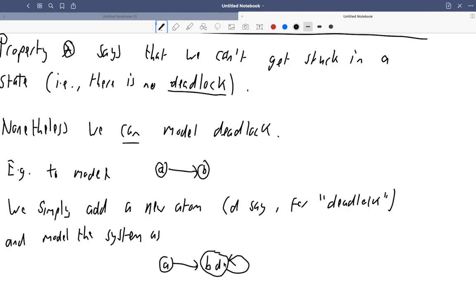So because this is a deadlock state, when trying to prove properties of the system, we know that if we get here, this corresponds to being stuck in the real world, even though we have a self loop from the state to itself. But because we're flagging this state as deadlocked, we know that this state corresponds to a deadlocked state in the real world.